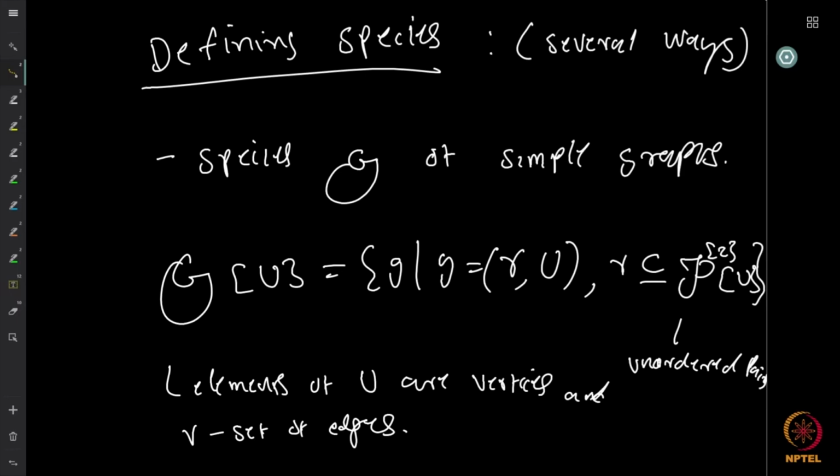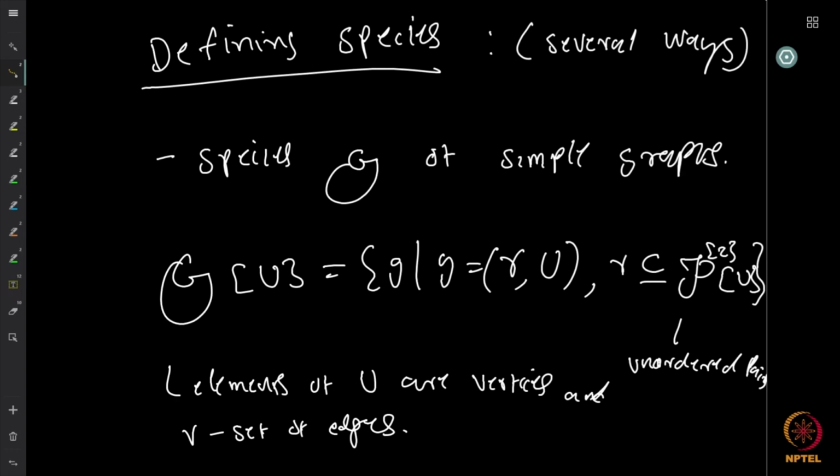Now we define the species as follows. The structures on the set U I denote by G of U, where G is the species, so G of U denotes all possible structures on the set U which are simple graphs.